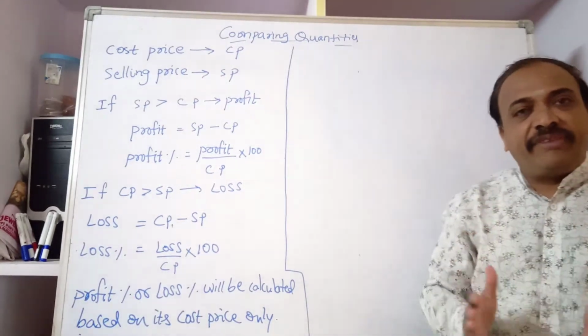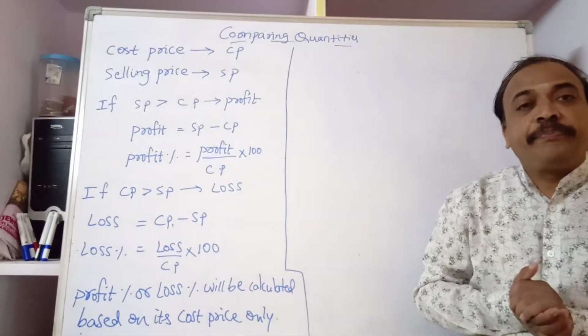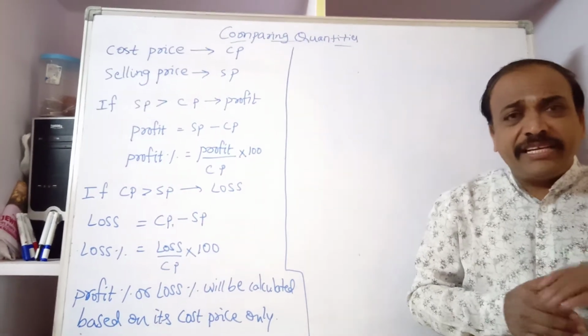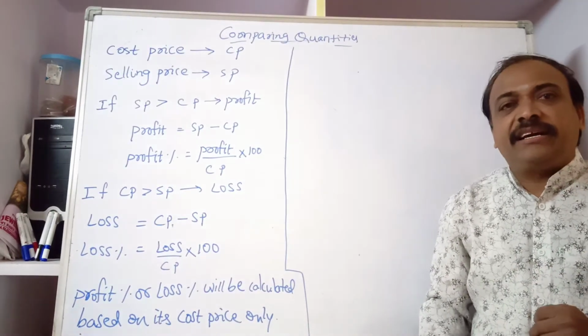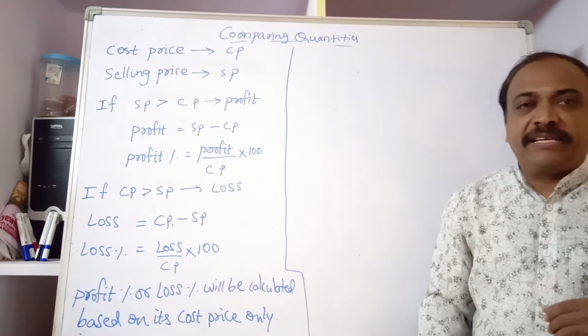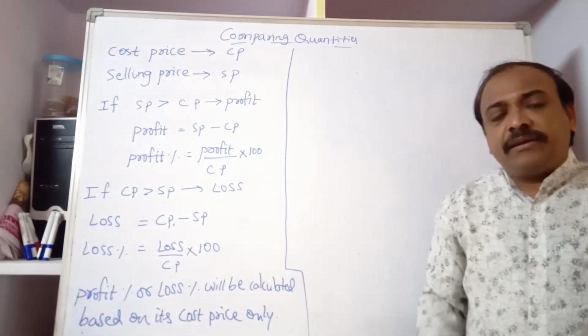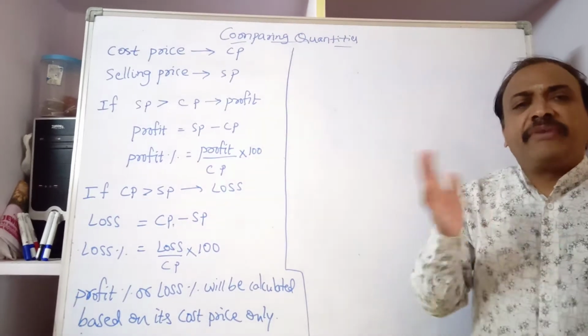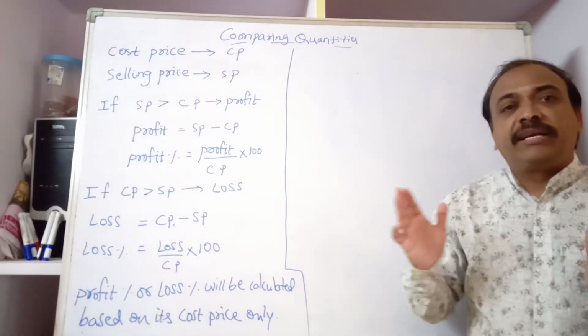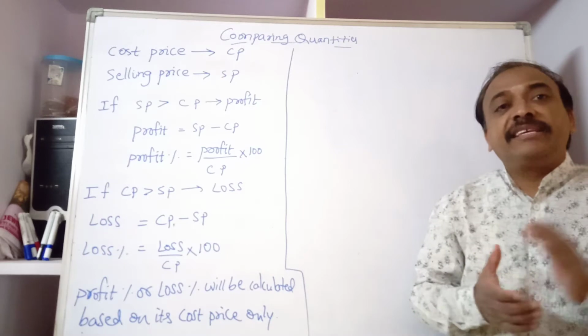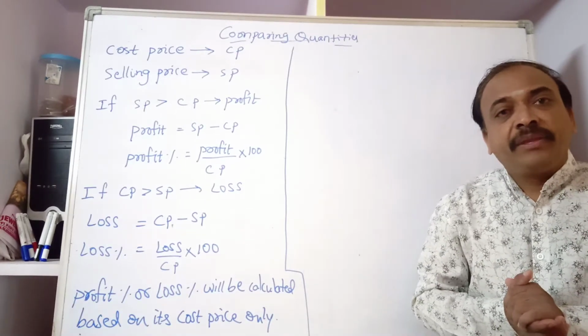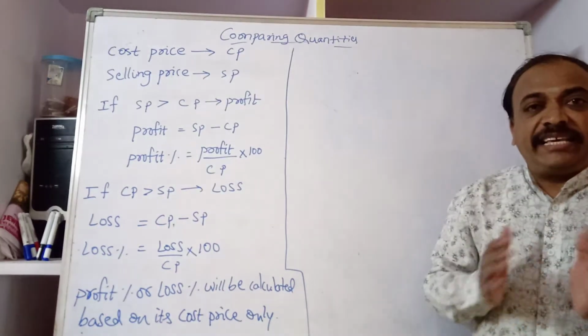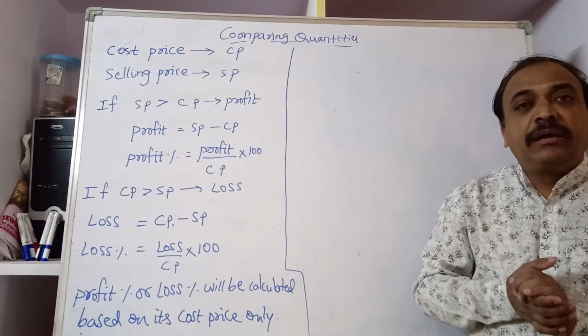Sometimes you will not get a profit. Due to the floods recently occurred in Hyderabad and some other places, there is a loss for the farmers and the householders. For everybody affected by the flood, there is a loss. How is it a loss? They might have purchased things and kept them.